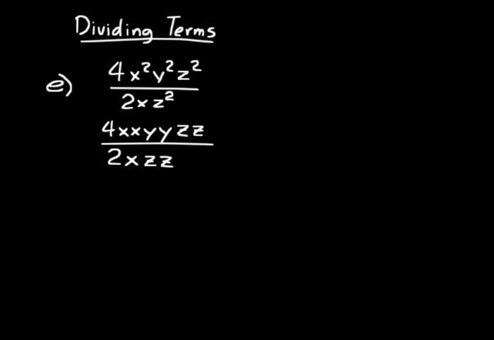Now it's easy to see what factors you have in common in the numerator and denominator and those that you can cancel. You can cancel one of the x's, both of the z's. And then the 4 and the 2 will turn into a 2 over 1. Now you can go ahead and simplify this. 2x y y, or just y squared.